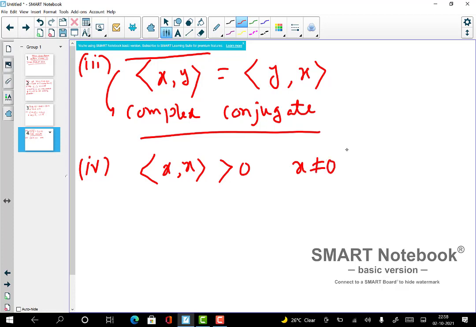And you can easily prove with this property that for 0 it is 0 actually, okay. And then maybe we will prove it after some time. So whenever you choose a non-zero vector and take the inner product with itself, that will give you a positive quantity, okay. So if a map satisfies all these properties, then this map is called an inner product, okay.